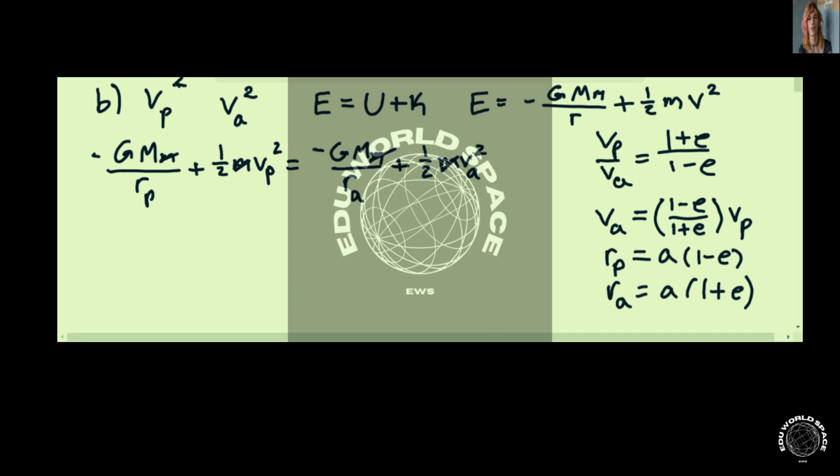All right, so I'm going to have negative G, capital M, over RP, which is A times (1 minus E), plus, let's see, VP squared, I'm going to leave it as is, over 2. That's the 1/2. And then I have negative G, capital M, over RA, which I'm going to replace with A times (1 plus E).